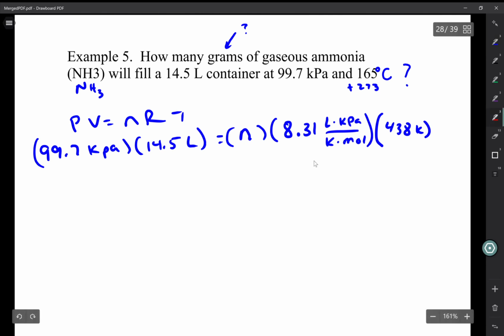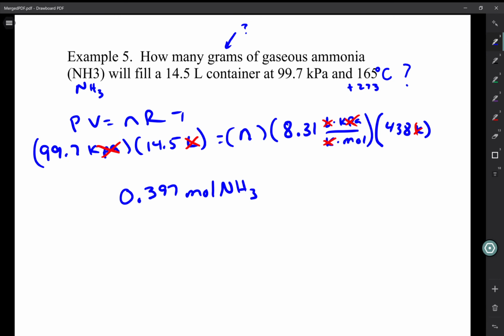Make sure all units cancel out. kPa, kPa, liter and liter, kelvin and kelvin. So moles is left over. That's the unit we want. All right, so do your calculation. Stick it in a calculator and you get 0.397 moles of NH3.